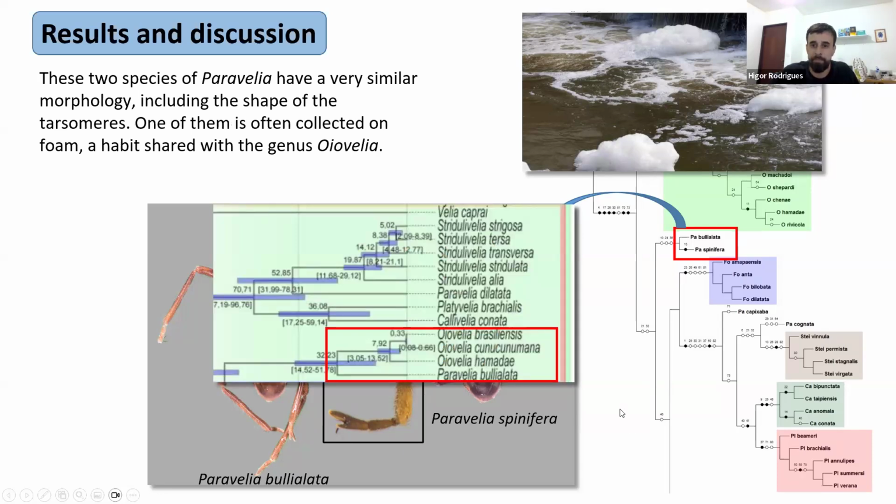Here, the topology of Armisen and collaborators 2022 also recovered some species of Oiovelia together with Paravelia bullialata. However, due to several morphological inconsistencies with Oiovelia, these two species probably belong to a separate lineage, but close to Oiovelia, as suggested by Armisen and collaborators.